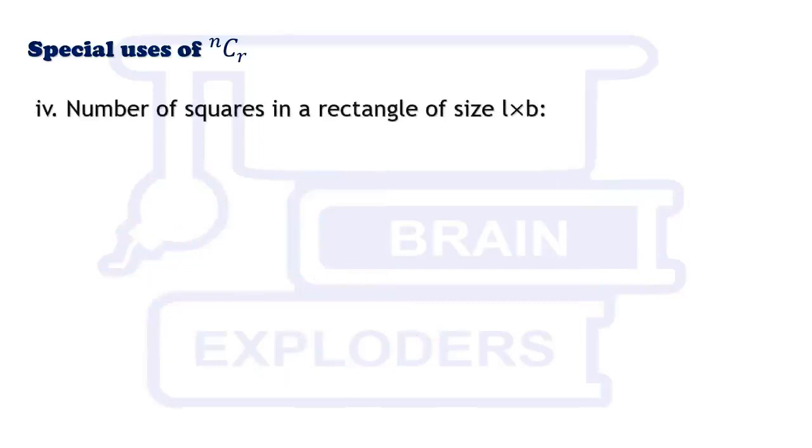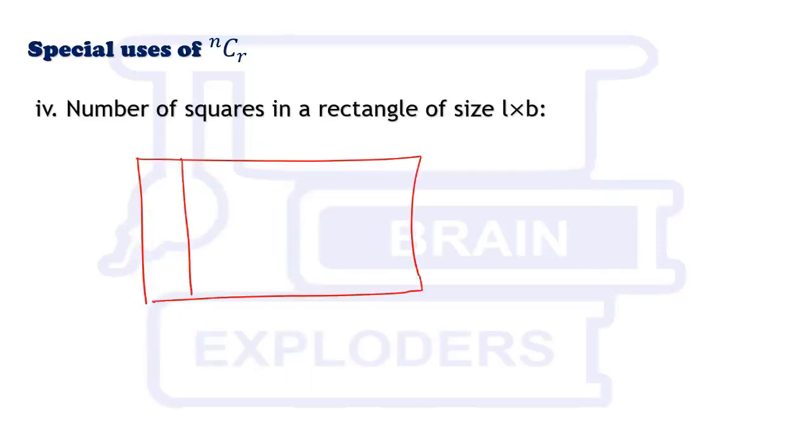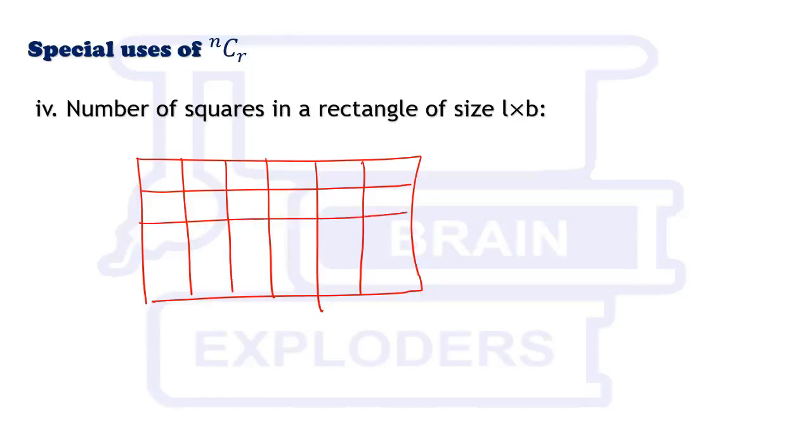Number of squares in a rectangle of size L cross B. Suppose there is a rectangle and this time we have to select squares, meaning its length and width should be the same. The square of maximum size which can be selected is the square of side B, this one.